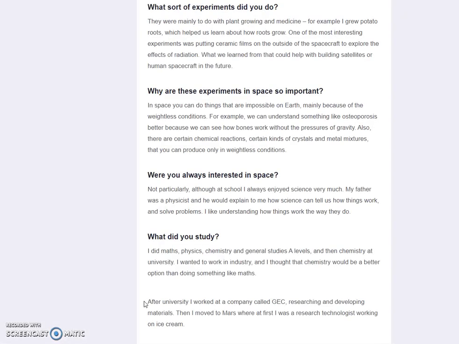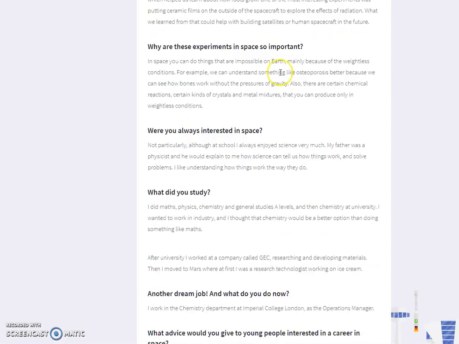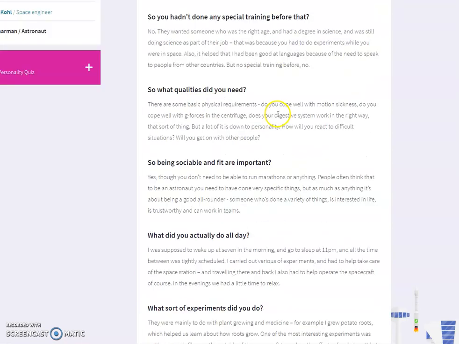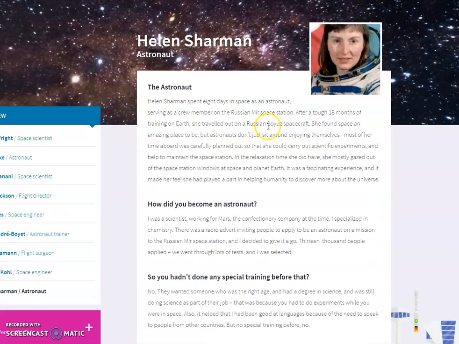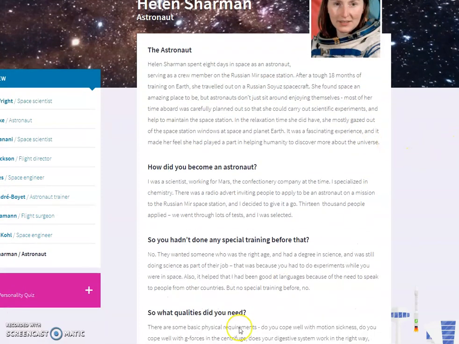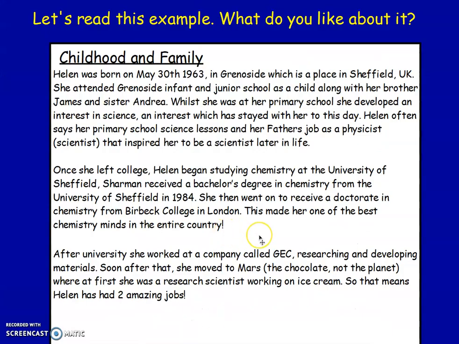Just give it a sec. So I found out here on this website, which is all about Helen Sharman and the different things she did, where she found her love for science, and it was at primary school. She says that it stayed with her, so I put that in. That's her words, I've changed it into my words.